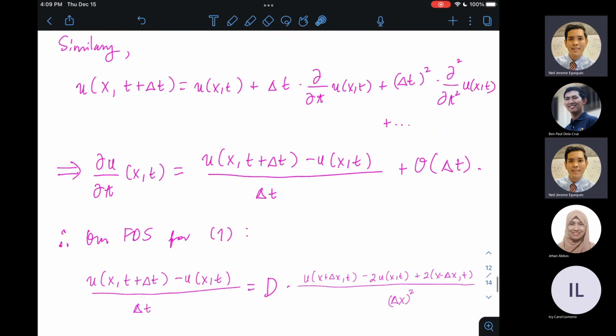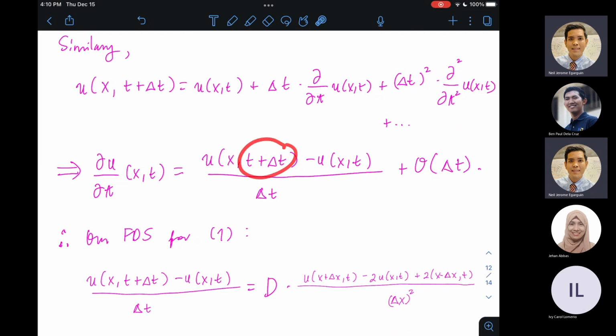And then I took the 2-point forward formula. It's 2 points kasi 2 points yung ginamit ko: the function values of u at 2 time moments, right? Tapos forward siya kasi ang ina-approximate ko ay yung partial derivative ni u with respect to t at the time t, little t, right?